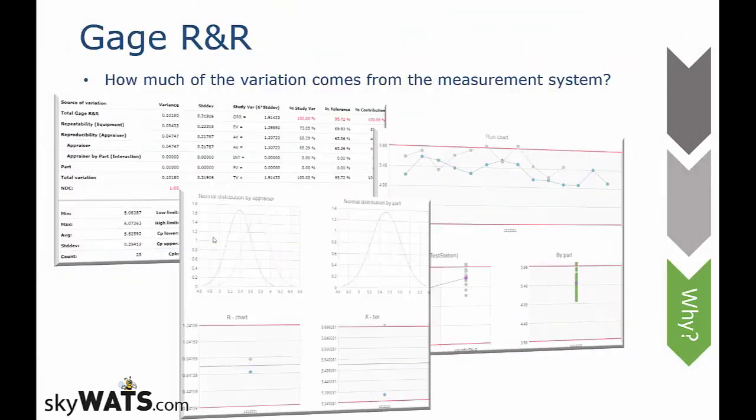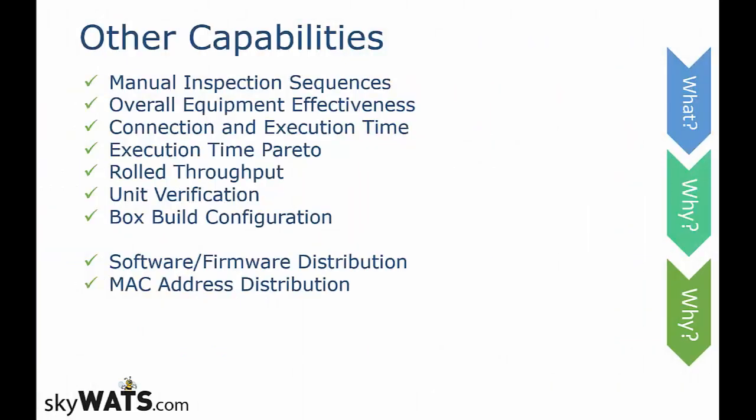Our Gage R&R feature lets you further investigate how much of the variation in your measurements comes from the test system, fixture, or operator. Other features available include manual inspection routines, analysis of overall equipment efficiency, test connection and execution time, time Pareto of individual test steps, rolled throughput, process throughput, and more.